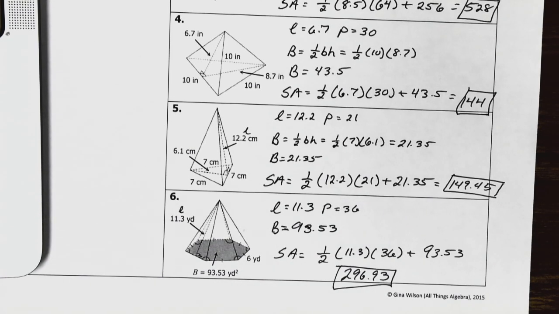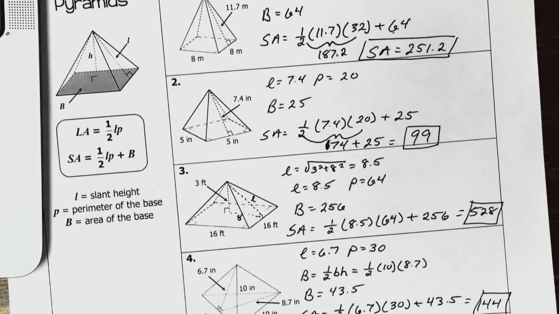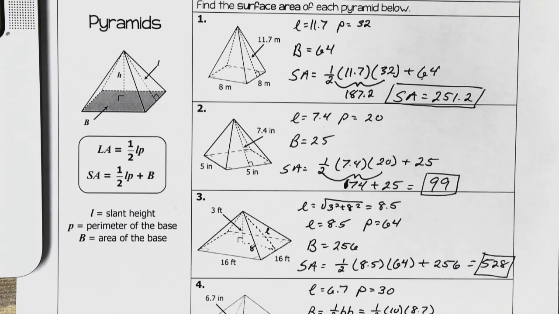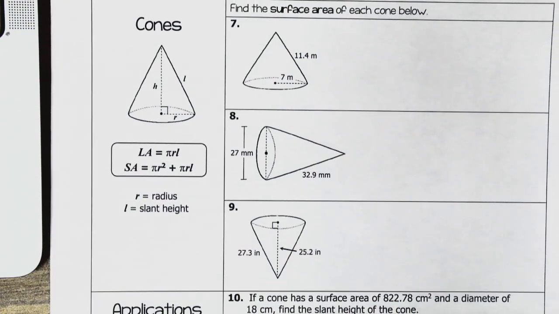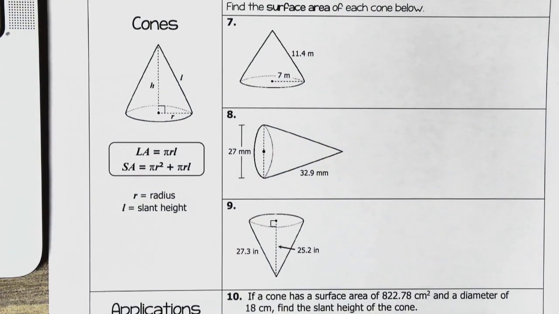All right, so those are the examples of the pyramids. Now in the next set of notes, second page, we're going to be doing cones, which are basically the same as pyramids, except this time they have bases that are only circles.